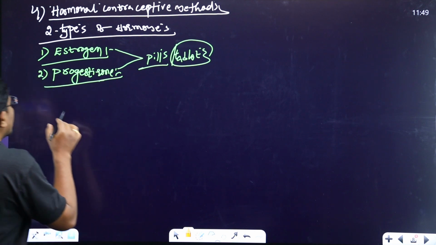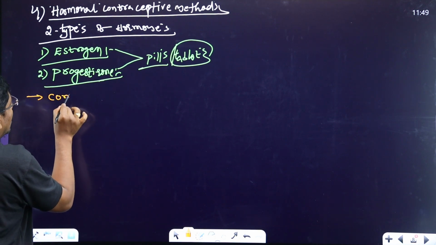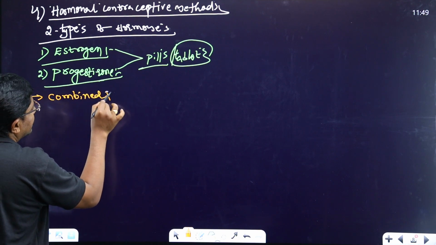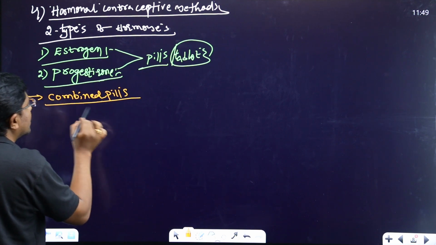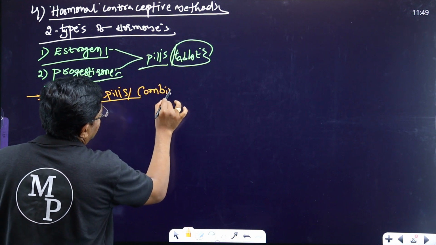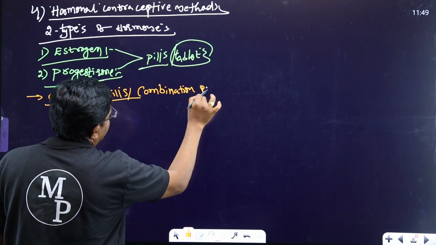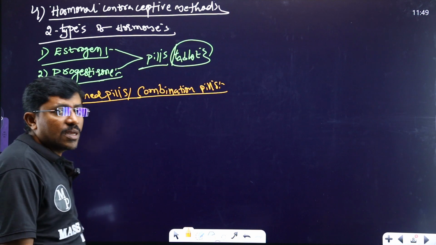The pills in which two hormones are used are called combination or combined pills.